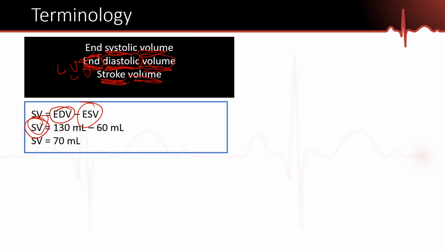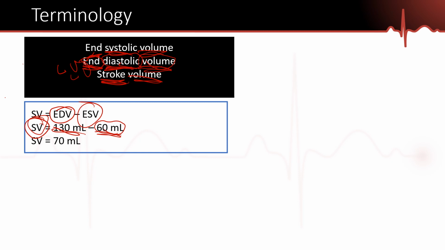So stroke volume is, first of all, end diastolic volume minus end systolic volume. What you want to do is figure out end diastolic volume. You know that there was 130 milliliters of blood in the left ventricle at the end of relaxation when it was finished filling. And then you know that there was 60 milliliters of blood left in the left ventricle after it finished contracting. 130 milliliters is end diastolic volume, 60 milliliters is end systolic volume.